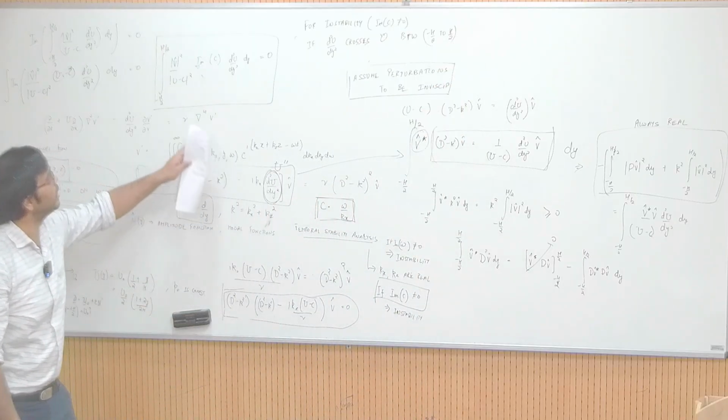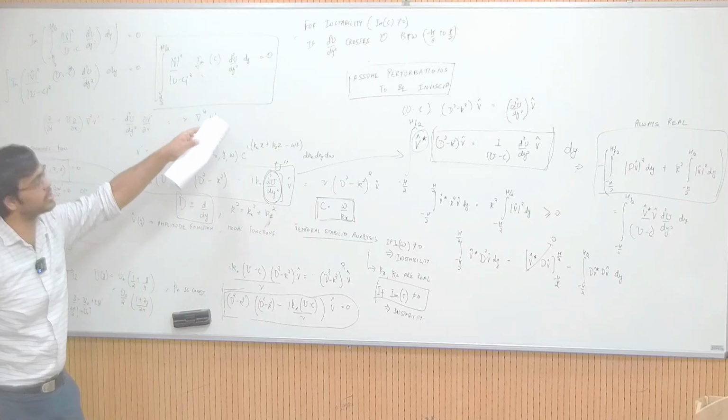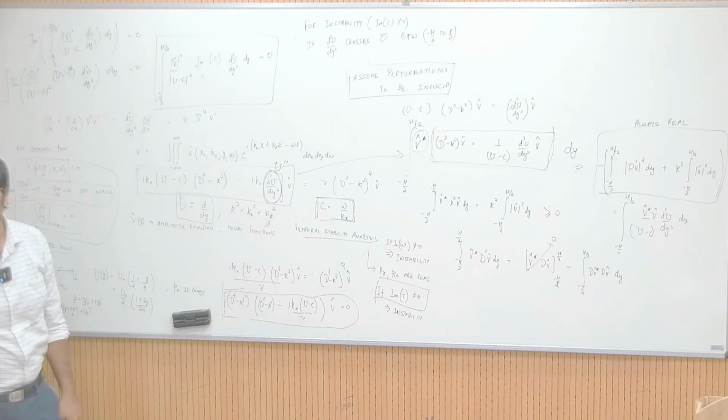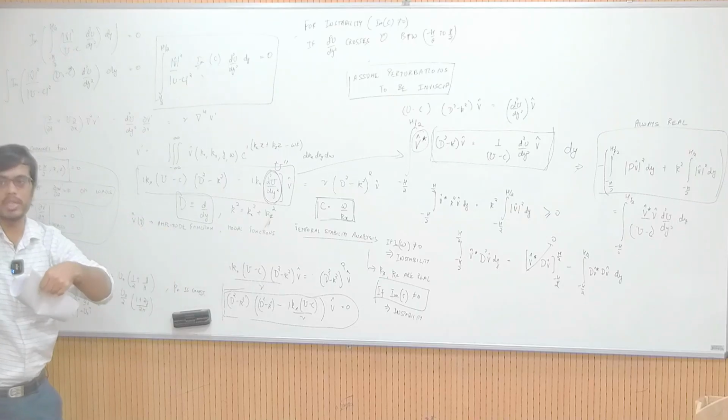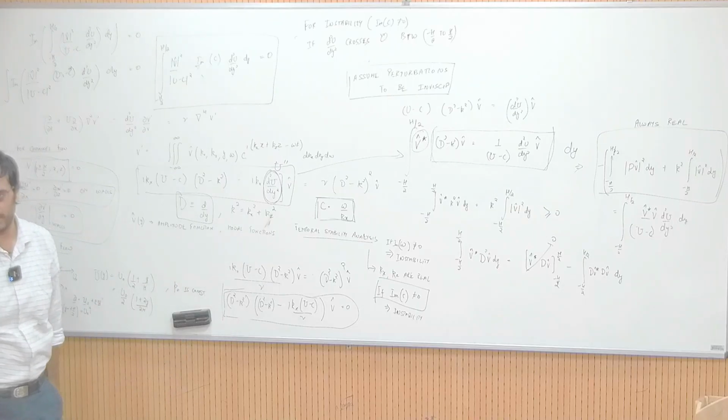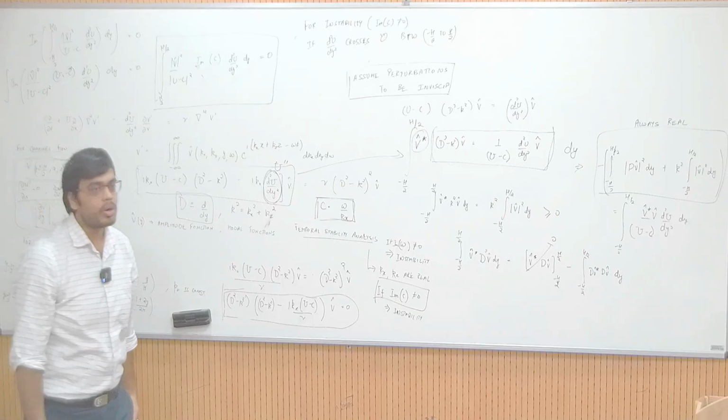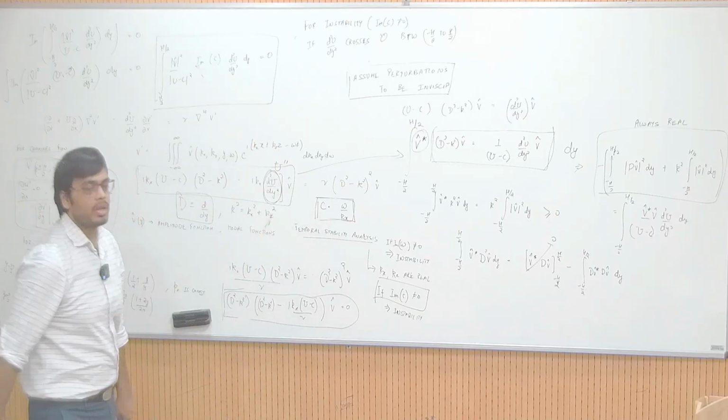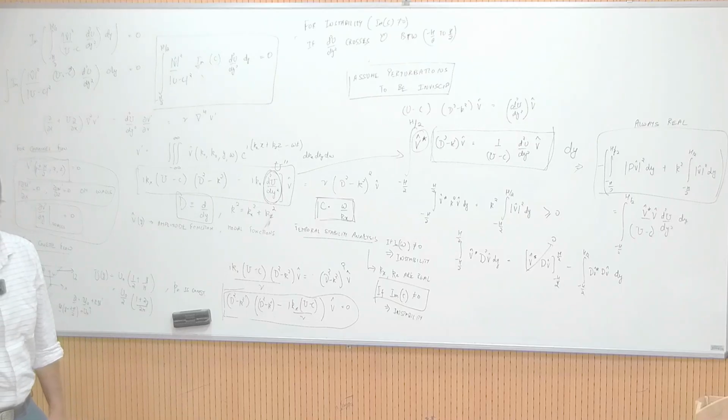That is the only way this whole integral can be 0. Okay, that in some region this is positive, in other region it is negative, so they are summing up to be 0. There is no other way for this integral to be 0 for unstable cases.